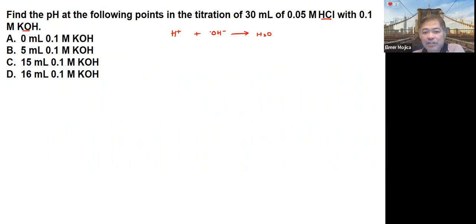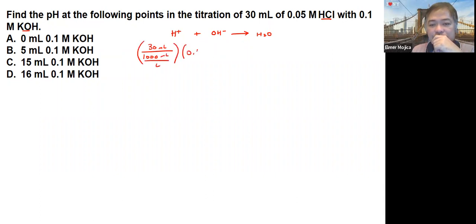If we're going to have a problem like this one, we need to determine the number of moles of HCl. So we can put here 30 ml divided by 1,000 ml per liter, then multiply it by 0.5 moles per liter. The number of moles of H+ here is equal to 1.5 times 10 to the negative 3 moles.